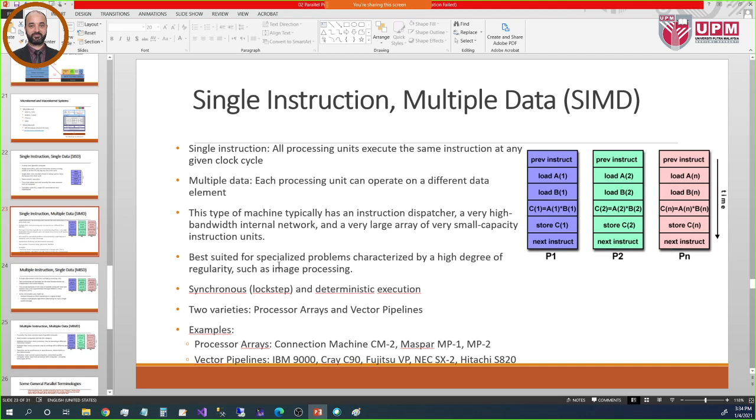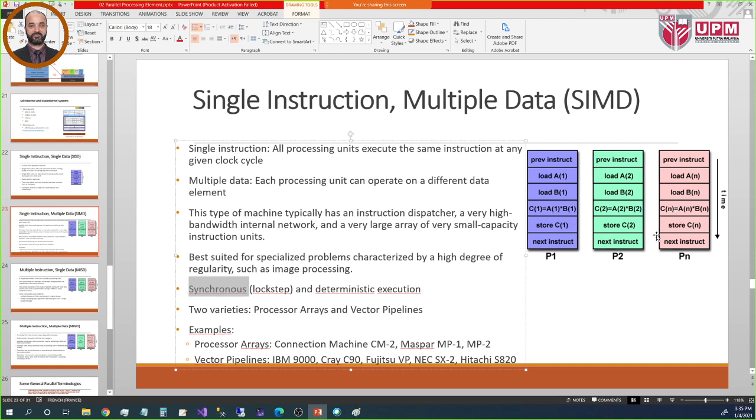Best suited for specialized problems characterized by a high degree of regularity, such as image processing, with synchronous lockstep and deterministic execution. So this type of architecture is synchronous, so all processors should be working synchronously.